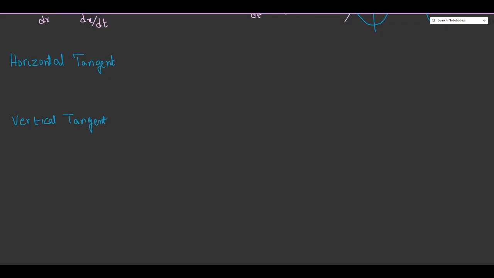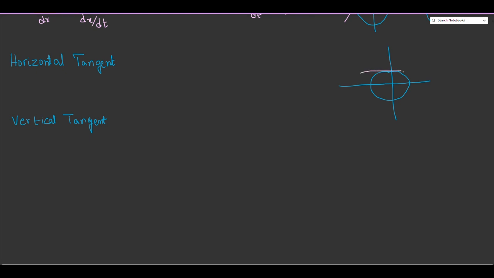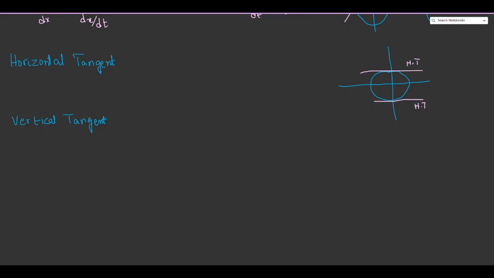Think about this, this is our circle. On this circle, the tangents that are parallel to the x-axis, we call them the horizontal tangent. And how do we find the horizontal tangent?